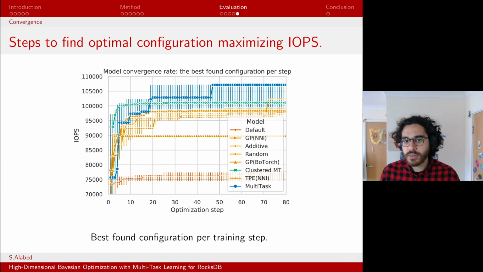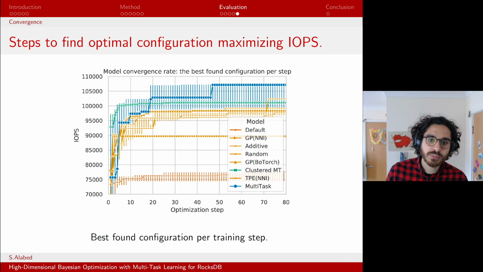At the bottom we see the defaults, in blue you see the multitask, and in green you see the cluster multitask. The first thing that strikes out is the cluster multitask. In the first couple of iterations, because they are random, they all perform very similarly, but after a couple of iterations it takes over and starts learning.